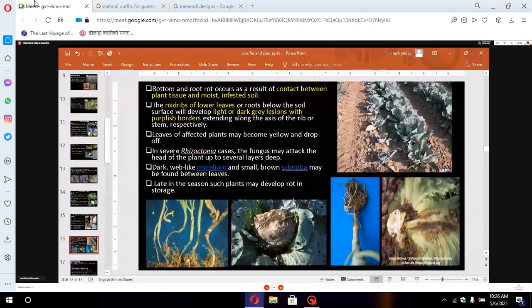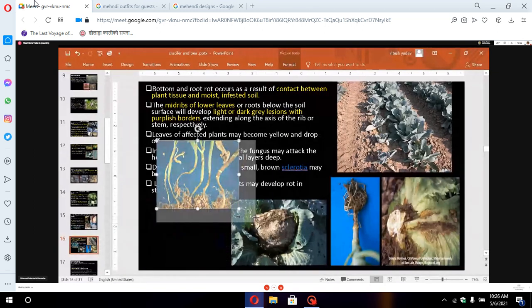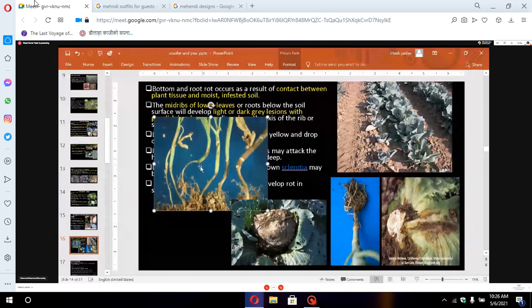They typically cannot be seen with the naked eye. And you may also find some sclerotia if the infection is very severe, if you observe the field during harvesting or late in the season. If you make a field visit to an infected field, at that time you may be able to see sclerotia.